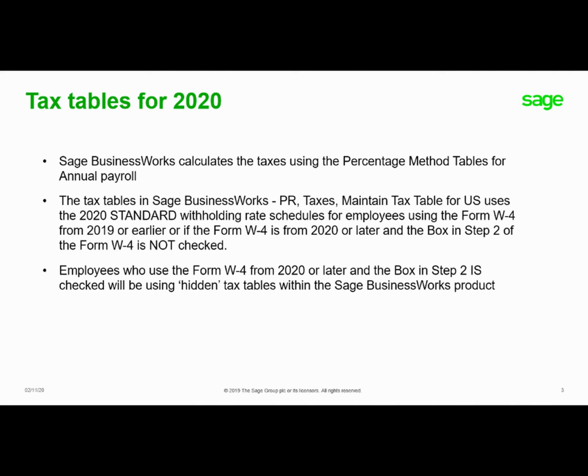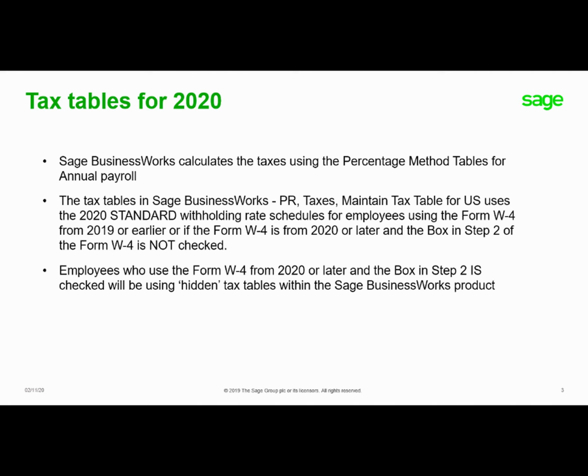The tax tables in Sage BusinessWorks under Payroll, Taxes, Maintain Tax Tables for U.S. use the 2020 standard withholding rate schedules for employees that are using the Form W-4 from 2019 or earlier, or if the Form W-4 is from 2020 or later and the box in Step 2 of the Form W-4 is not checked.